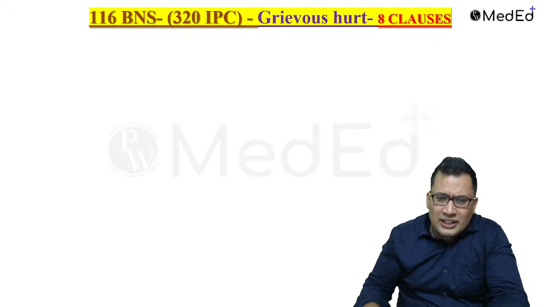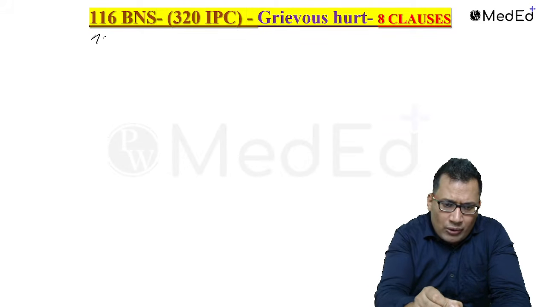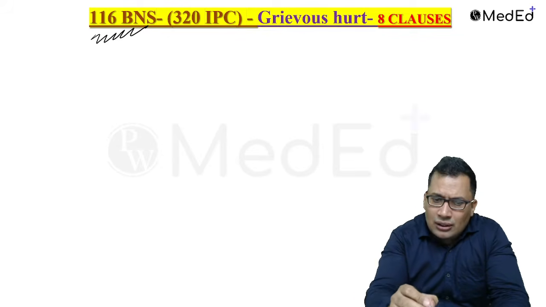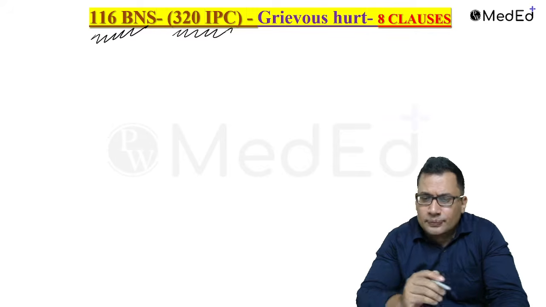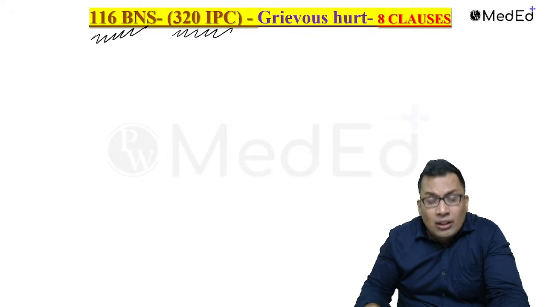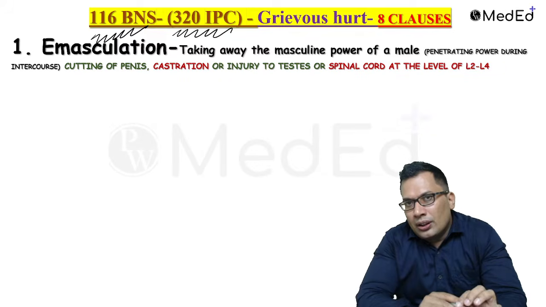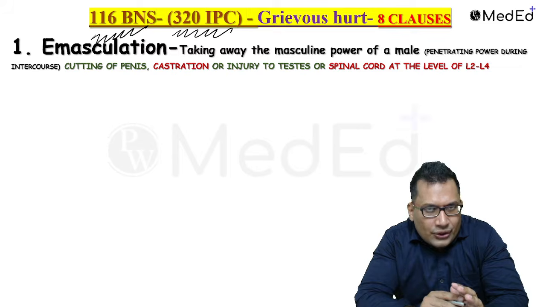So grievous hurt, what is grievous hurt? The grievous hurt according to section 116 BNS, that is Bharatiya Nyaya Samhita, or 320 IPC, that is Indian Penal Code. 8 clauses are there. What is clause number 1? Emasculation. Remember, clause number 1 is applicable only to males.